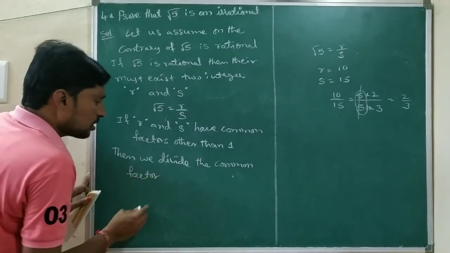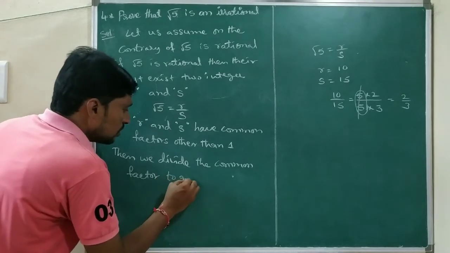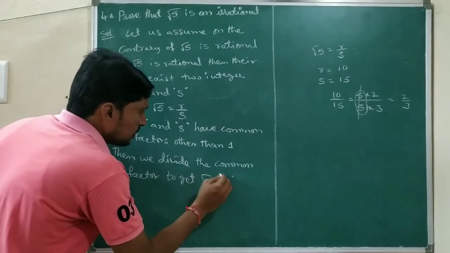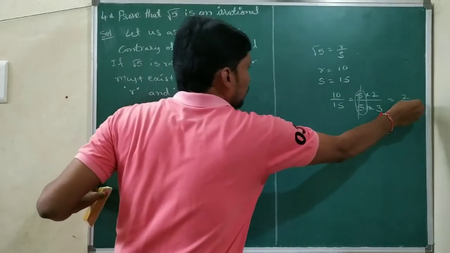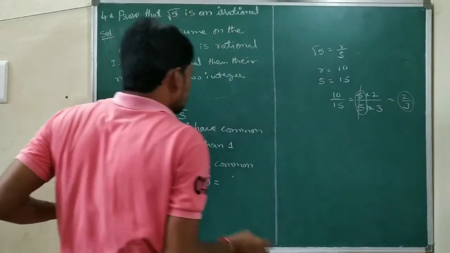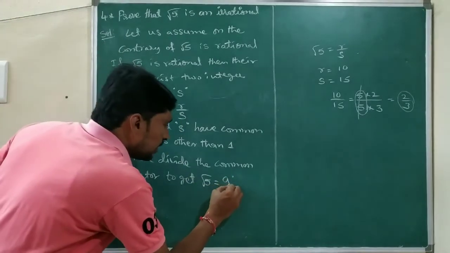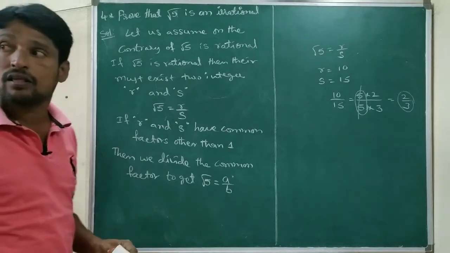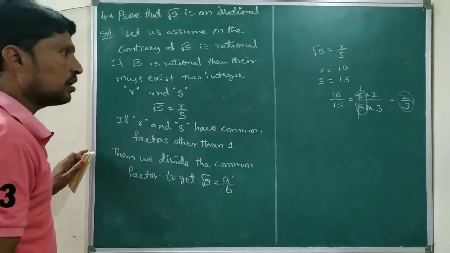Then we divide the common factor to get root 5 equals... 10 by 15, how much do we get? 2 by 3. Here root 5 is R by S. Now we are getting A by B. So after cancelling the common factors, we get A by B.